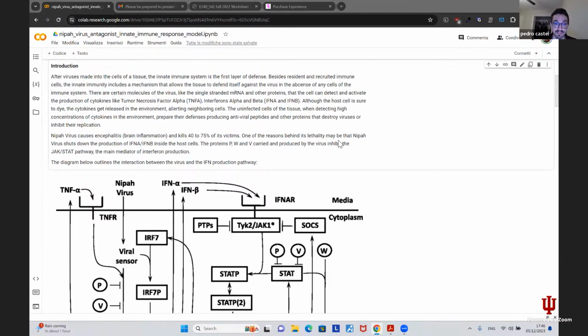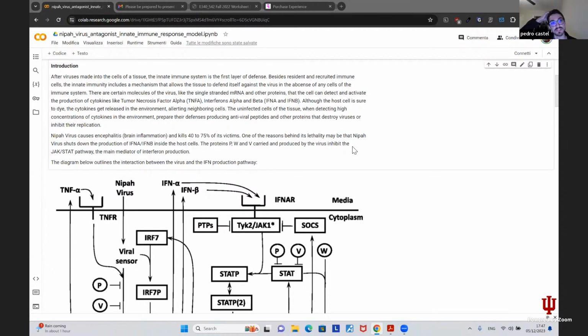When they sense interferons, TNF, and other cytokines, they prepare themselves to defend against the virus. One way of defending is to produce an antiviral peptide that can destroy the virus and inhibit its replication.